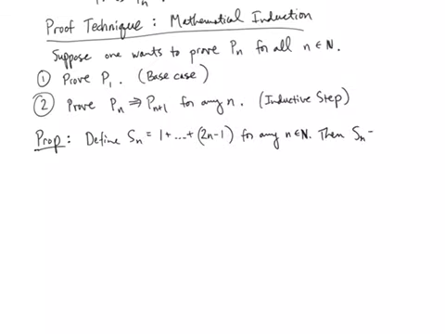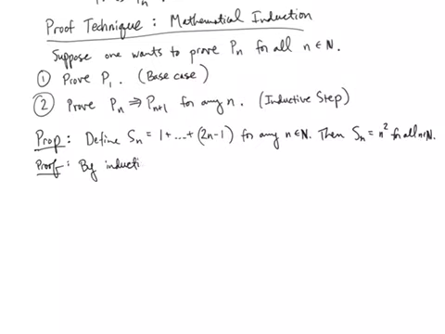Then S sub n equals n squared for all naturals. Okay, so we basically did the proof above. We're just going to write it down nicely to show you what an induction proof looks like.